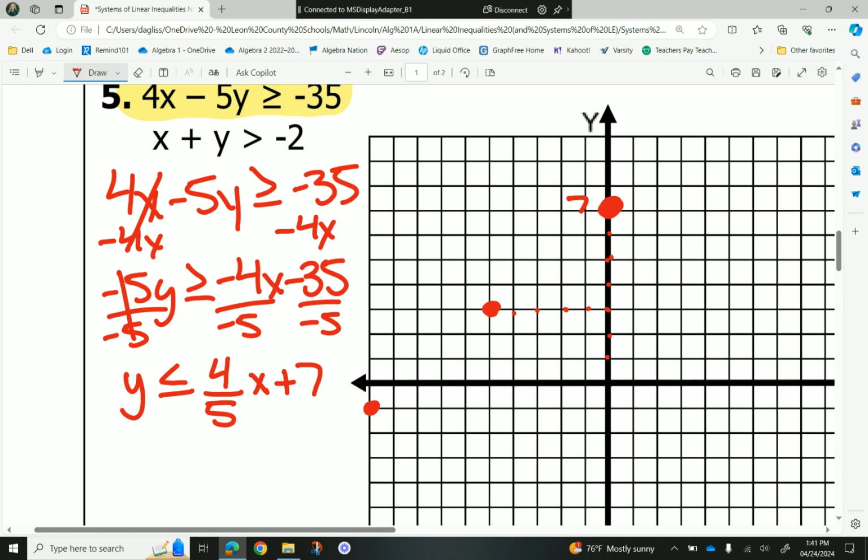Am I going to connect this with the solid or a dashed line? Is this one solid or dashed, guys? It's going to be solid. How do I know? It has an equals to. Good.